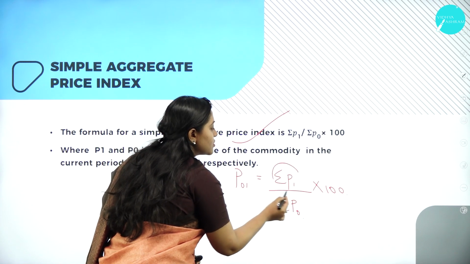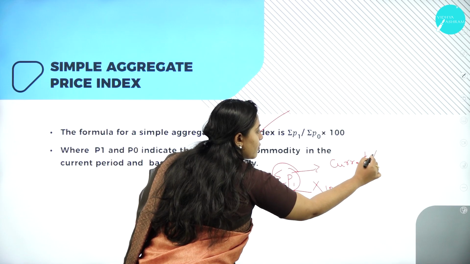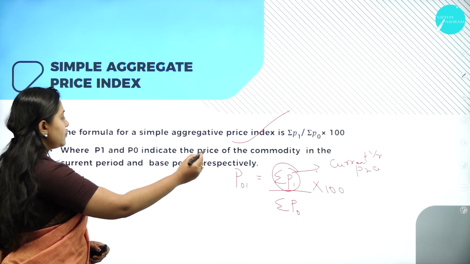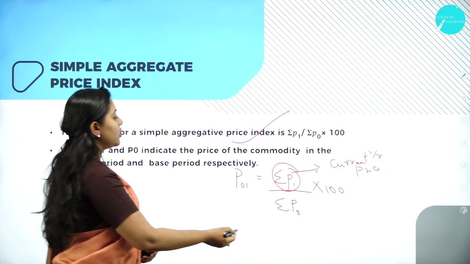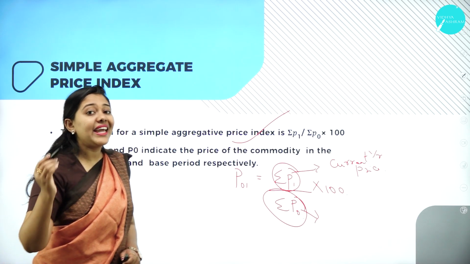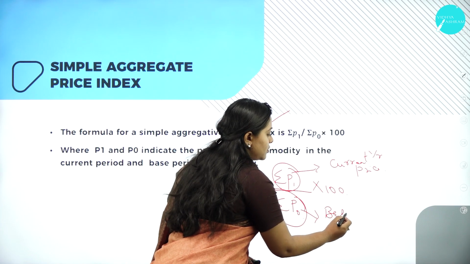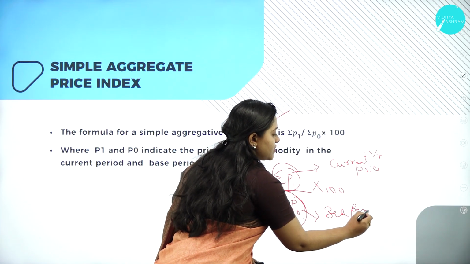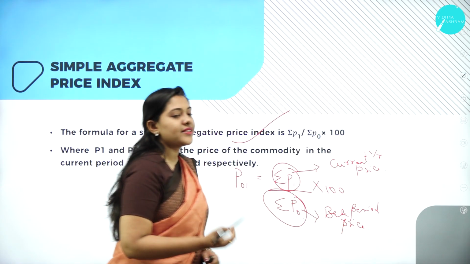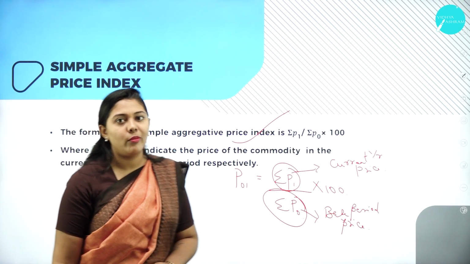So this represents your current year price. And the other, P0, represents your base period price. So you have to understand this formula, the base period price and the current period price.